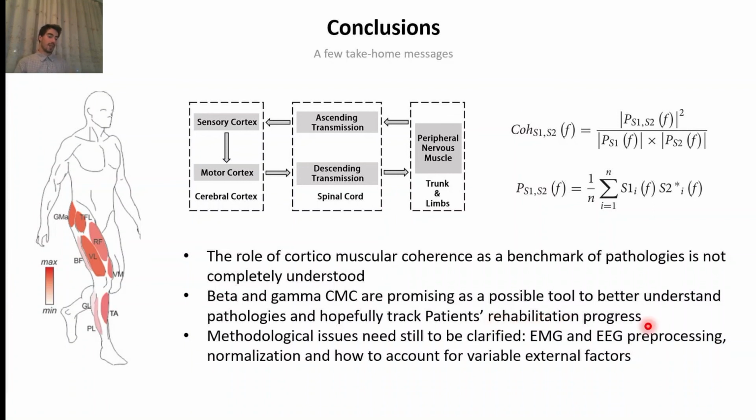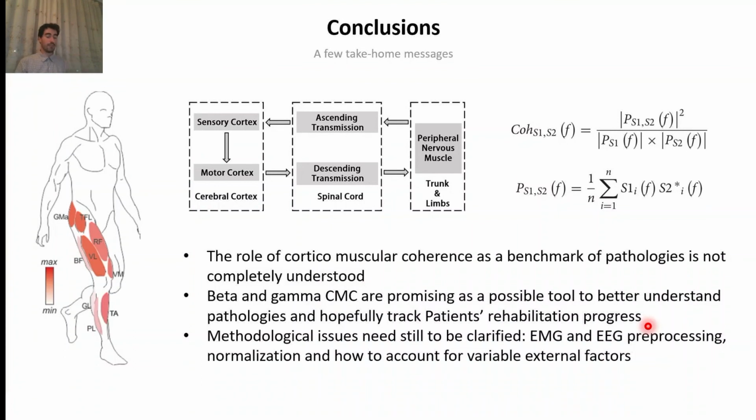Then, of course, and this is, I think, at least for me, that I'm a methodological guy at heart, I must say, it's very important that you don't take any method to extract cortico-muscular coherence as a fait accompli, or something that you can just apply to your data blindly.